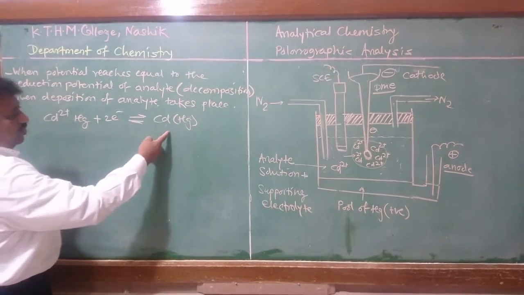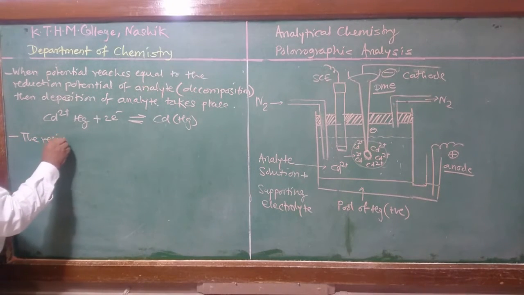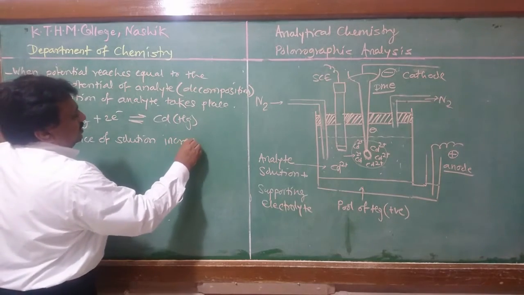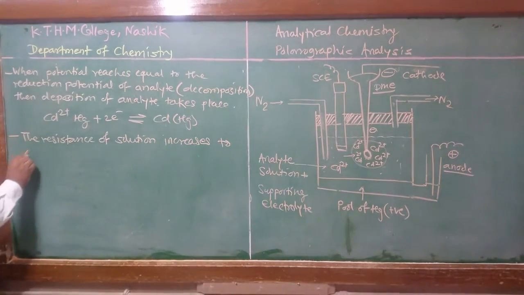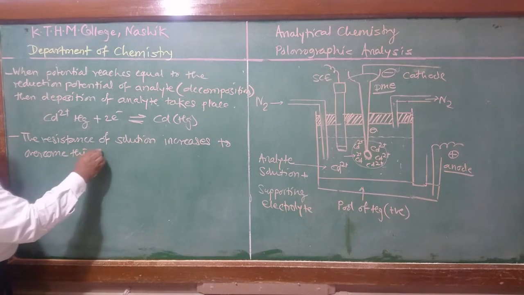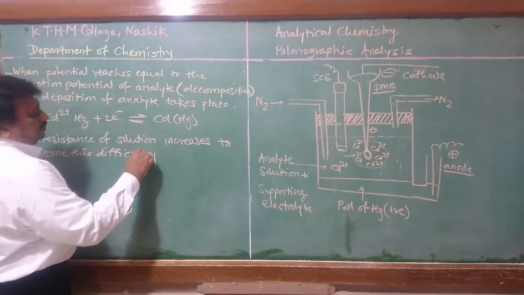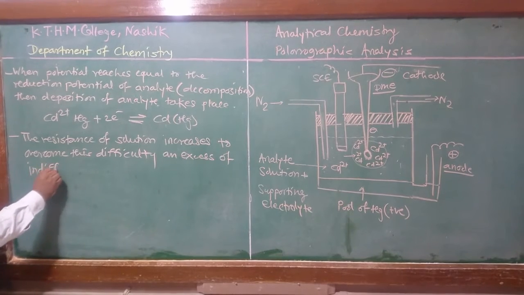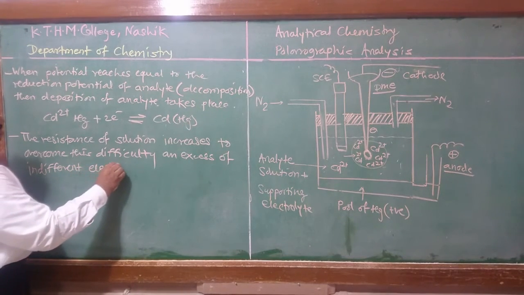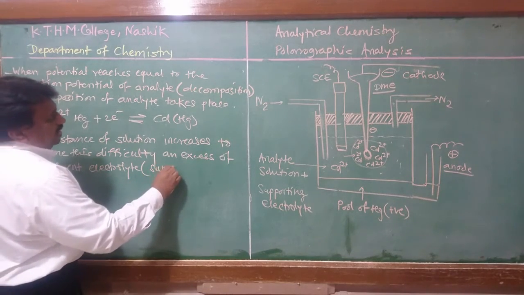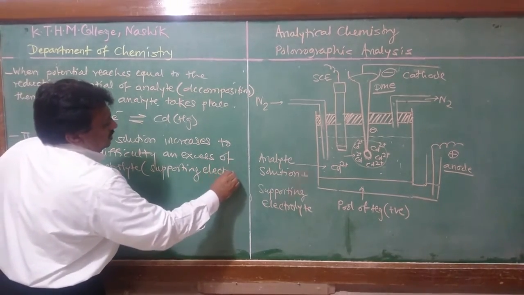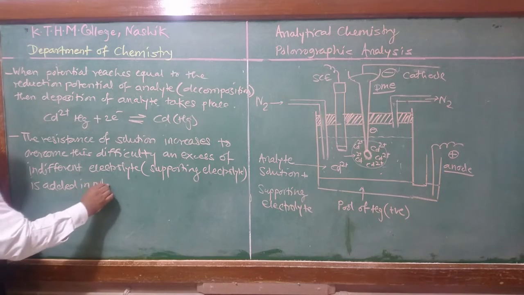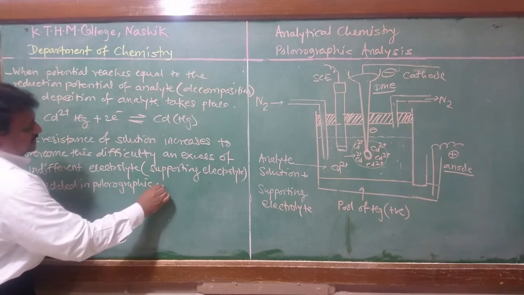Now, as the analyte is deposited onto the electrode, the resistance of the solution increases, and to overcome this difficulty, an excess of indifferent electrolyte, that is called the supporting electrolyte, is added in the polarographic cell.